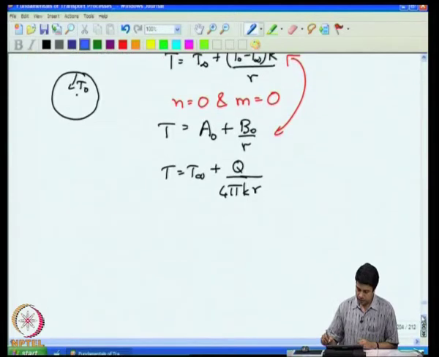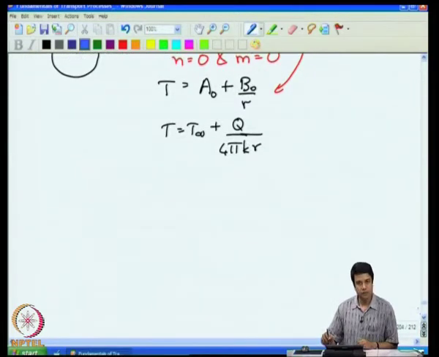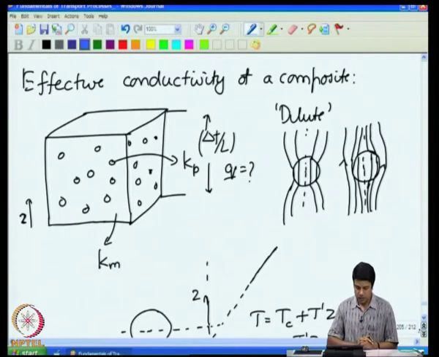And then after that we solved a slightly more complicated problem which did not have spherical symmetry, and that was the effective conductivity of a composite material. So, we had a composite material which consisted of a matrix and spherical particles in it. The matrix had conductivity Km and the particles had conductivity Kp.